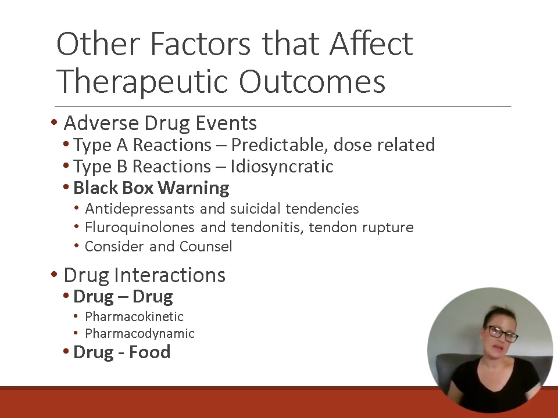The toxic effects that occur in an overdose are type A reactions, right? They're occurring because there's too much of the drug, right? So like the drug's mechanism of action is happening too much. The possibility of these reactions occurring is known. They're predictable, so we look out for them.